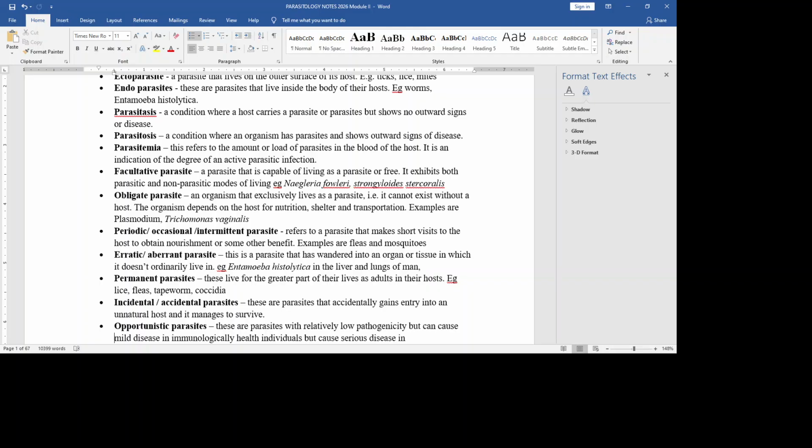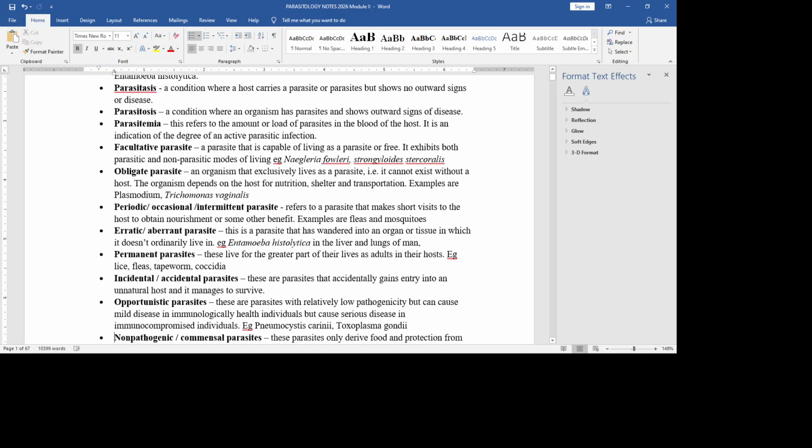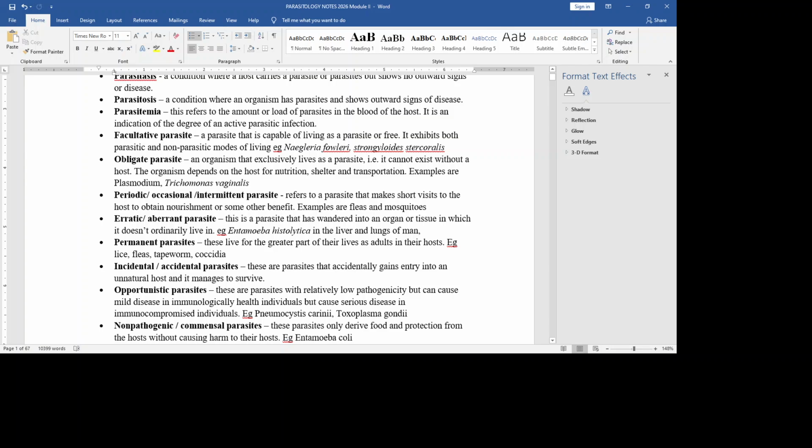Such a parasite is the Plasmodium, which causes malaria, and Trichomonas vaginalis, which causes trichomoniasis, which is a venereal disease caused by protozoa.